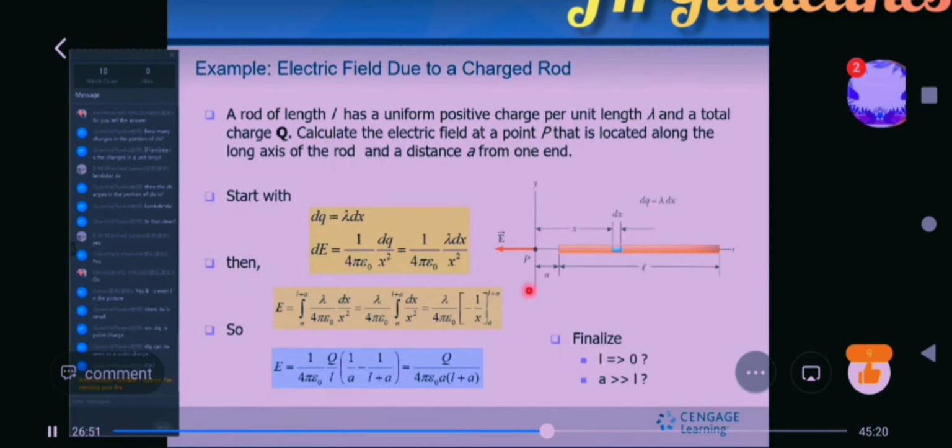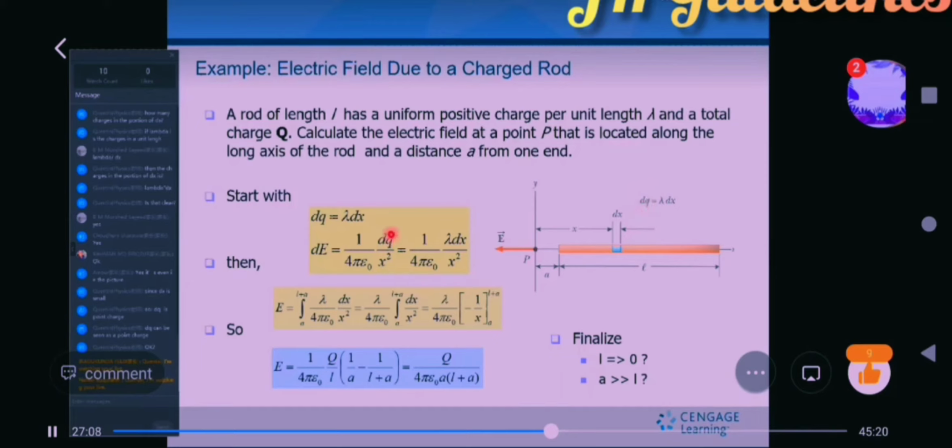So for the portion of dx, we have the amount of charge dq. dq is a point charge.